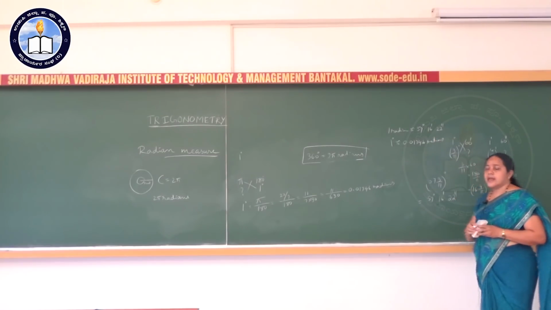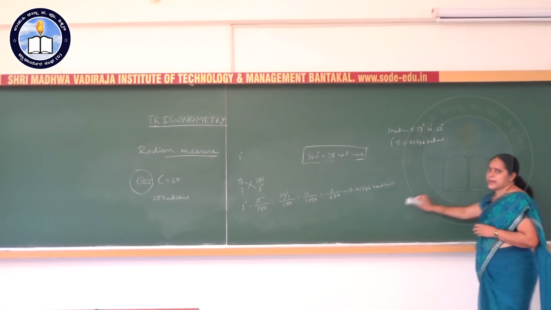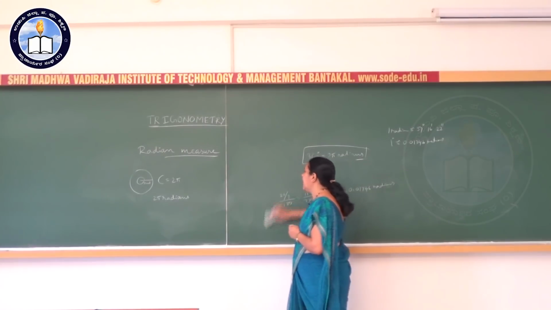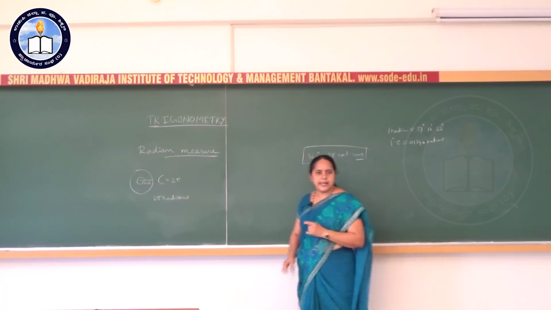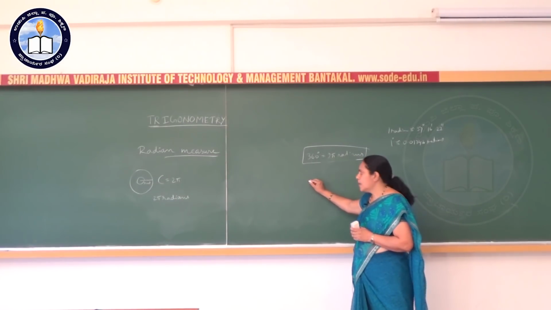Now, given any angle in degrees, we can find its radian measure, and given an angle in radians, we can find its degree measure. Now, I'll give some examples.